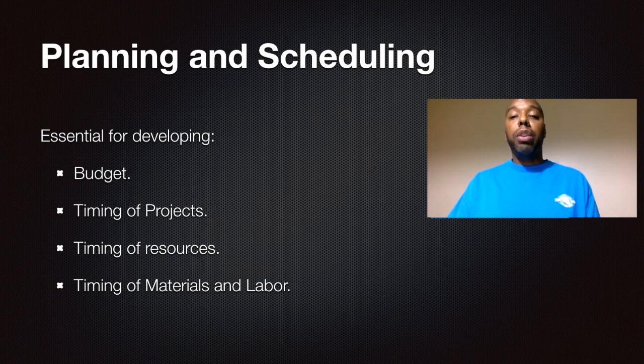Planning and scheduling work hand in hand. This is essential for making sure that the budget, the timing of the projects, the timing of the resources, the timing of the materials, and the labor is right. And this is what a project manager needs to make sure they do, that they have adequate planning and scheduling.